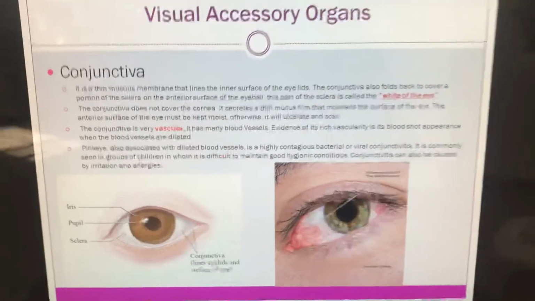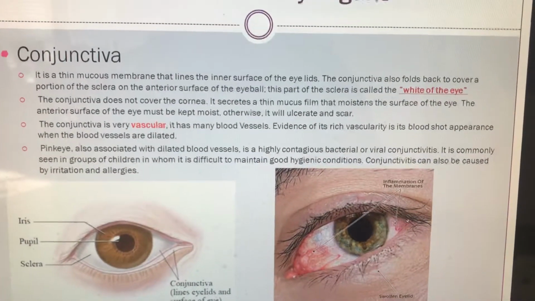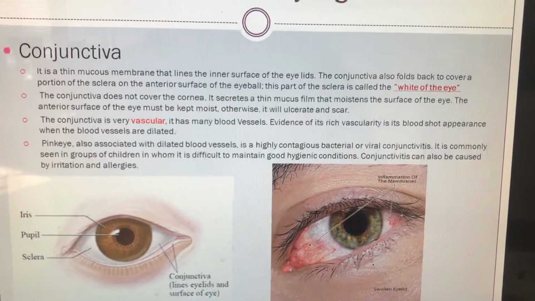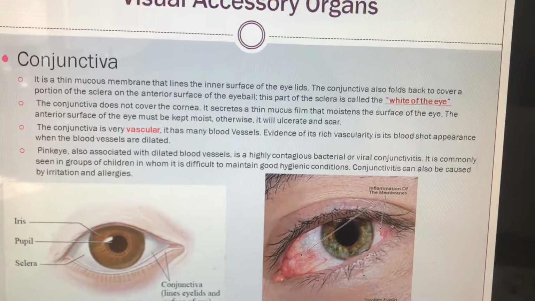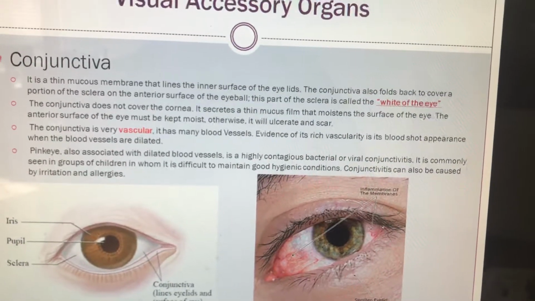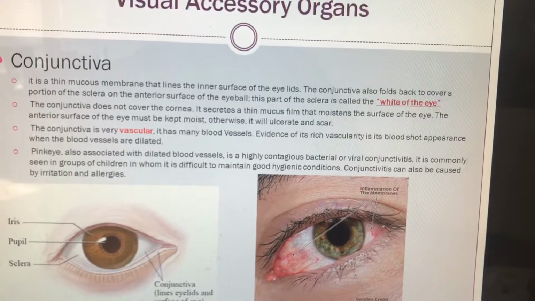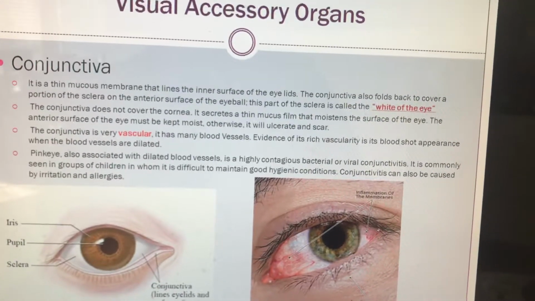Okay, so the conjunctiva. It is a thin mucous membrane that lines the inner surface of the eyelids. The conjunctiva also folds back to cover a portion of the sclera on the anterior surface of the eyeball, and this part of the sclera is called the white of the eye. The conjunctiva does not cover the cornea.